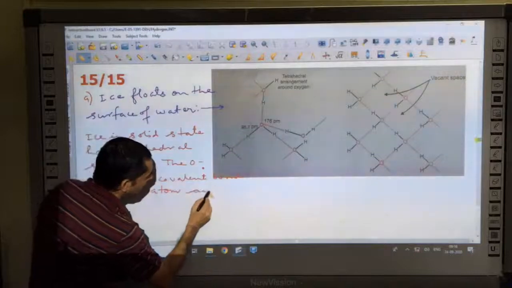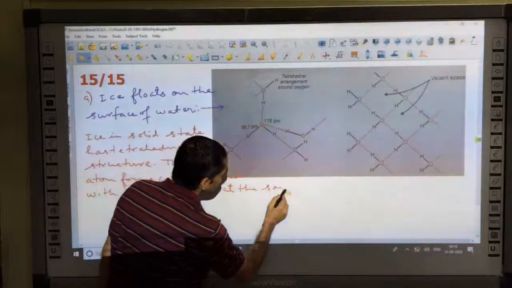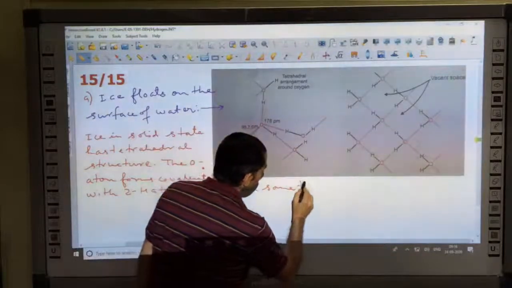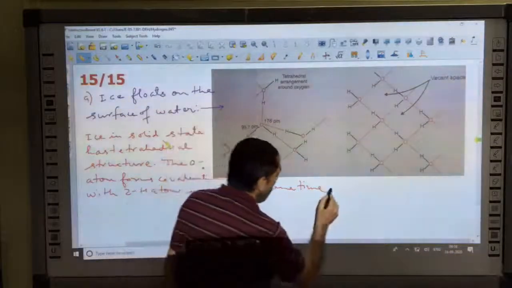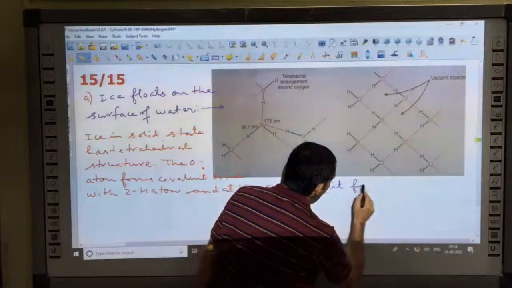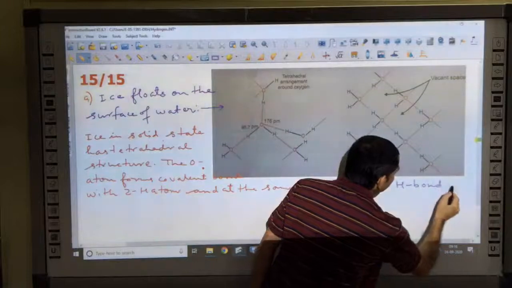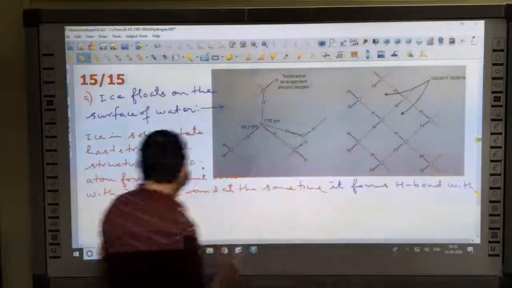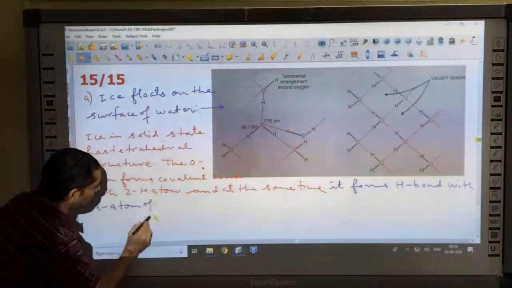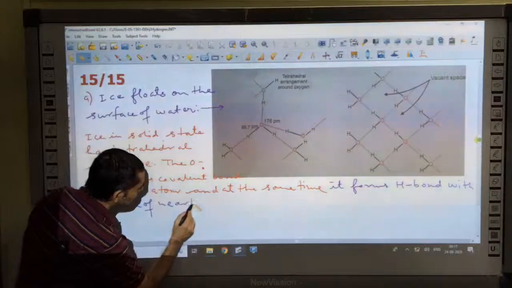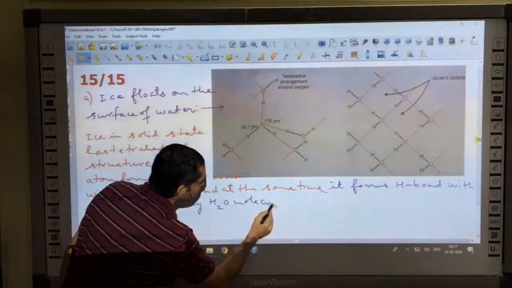and at the same time it forms a hydrogen bond with the hydrogen atom of a nearby water molecule. You see here, it is the figure which is showing this.